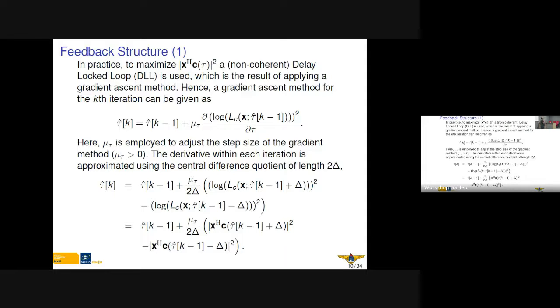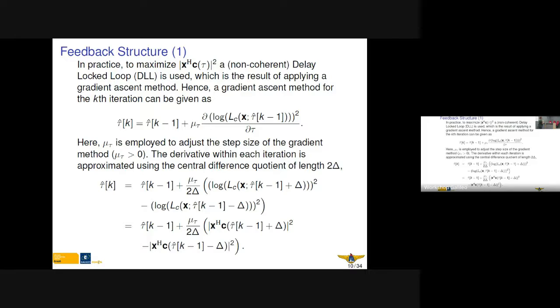So we use the results that we already applied for the gradient ascent method before, and we get tau hat of k at time instant k is equivalent to the estimate of the time delay at the previous time instant, and we use a plus here. We have a mu tau, which is called the step size, and then we calculate the gradient of the concentrated log likelihood, considering the estimate of tau at k minus 1.